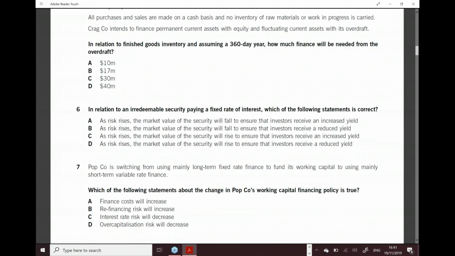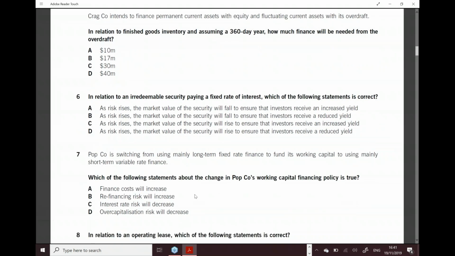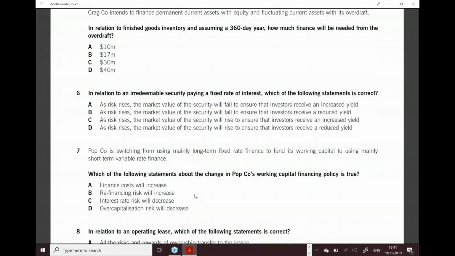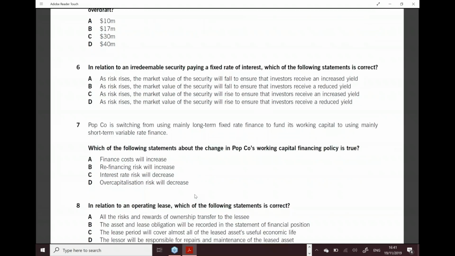A company switches from using mainly long-term fixed rate finance to fund its working capital to using mainly short-term finance. Finance cost will increase? No, actually the finance cost will reduce because short-term finance is cheaper.